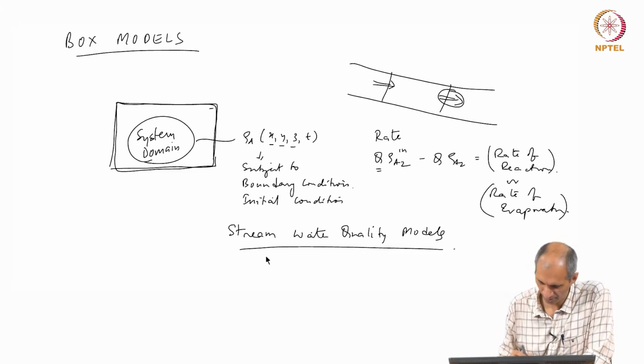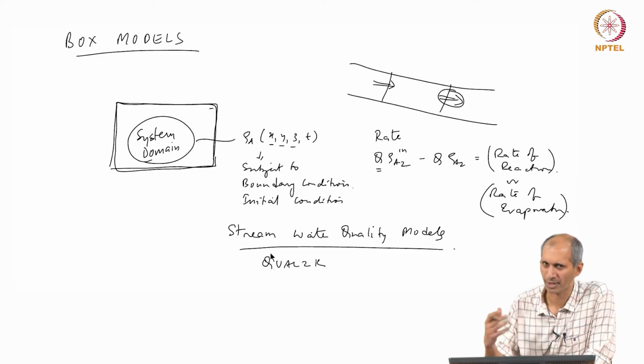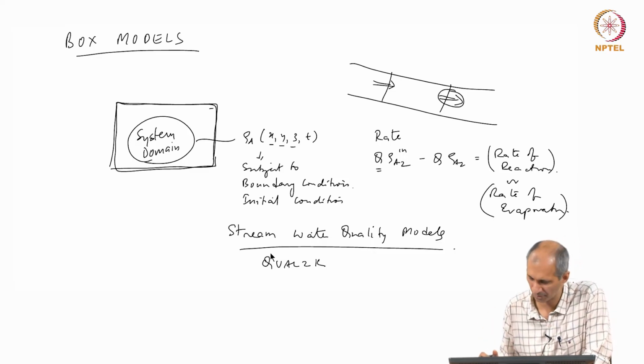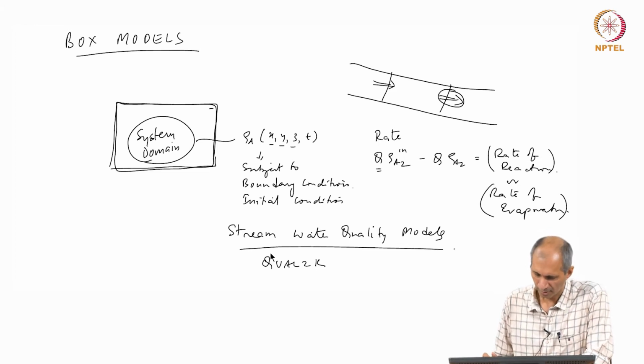There is one called Qual2K and there is Qual2E and a few other things. There is another box model called Stream itself. Various agencies and various people have developed models and EPA has adopted them.